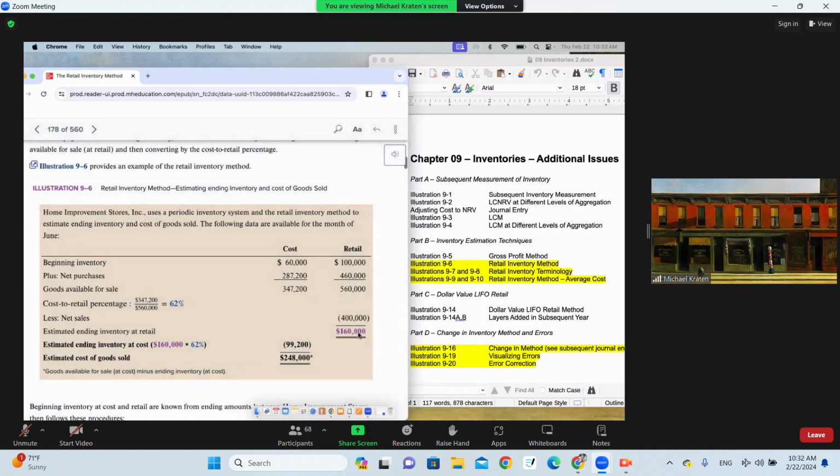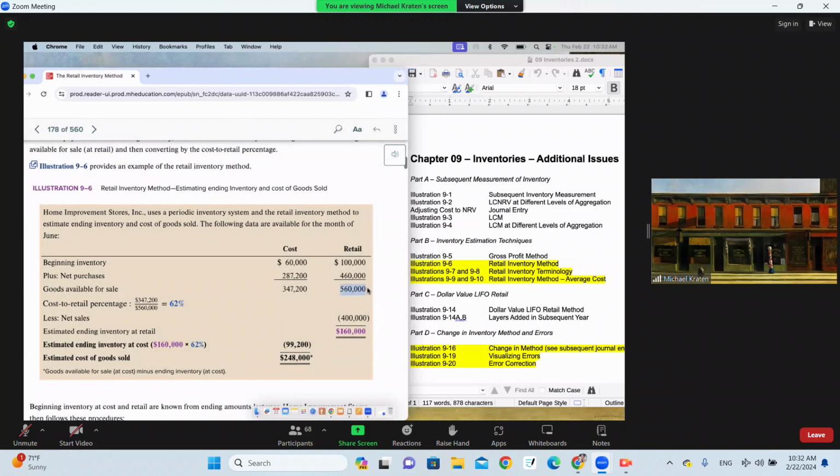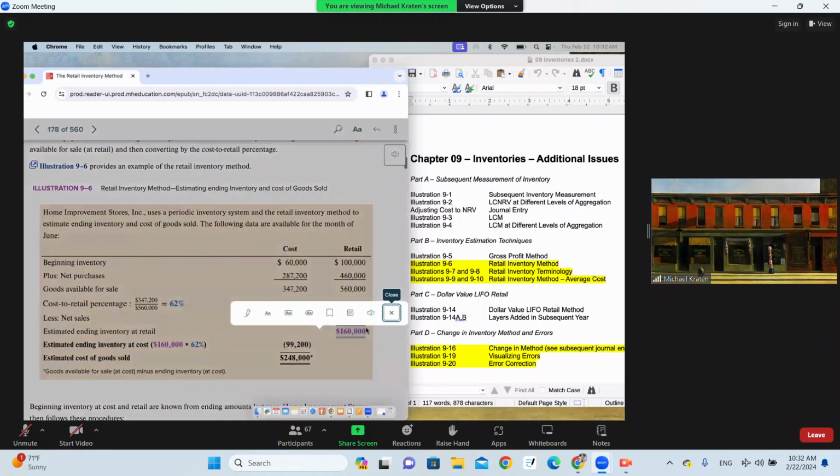Okay, well, at a retail level, if I had $560,000 worth of stuff to sell today, priced at retail, at what customers would pay me if they bought all of it, and if they actually did pay me $400,000 to buy most but not all of that content, well, then the retail value of the inventory that was not sold today, even though it was available to be sold today, and therefore the retail value of the goods in inventory at the end of the day is 160.